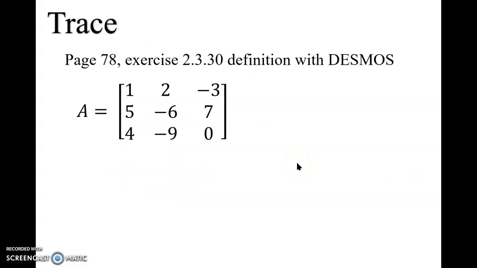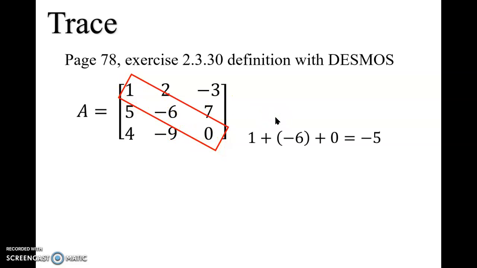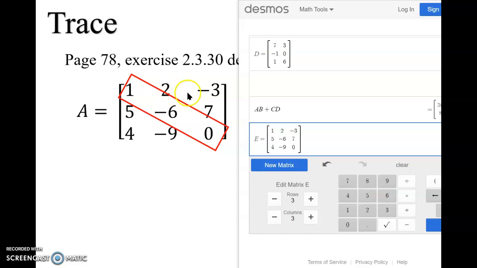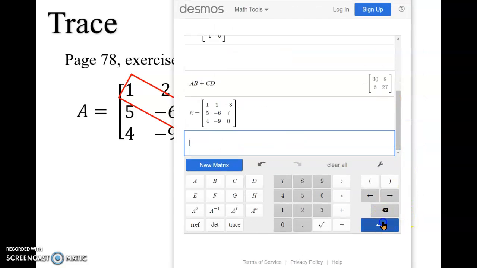Trace is a definition that's coming from your homework. It basically means, let's take the diagonal, so we have to have a square matrix, take the diagonal and just add them all together. So let me go to Desmos and show you. Making sure I put it in correctly, I'll hit enter.